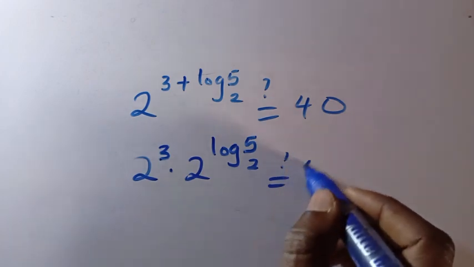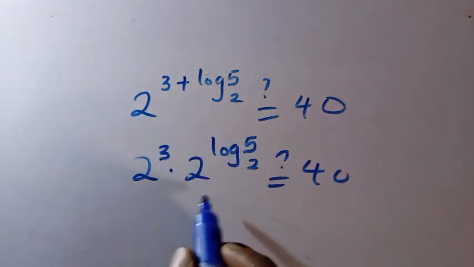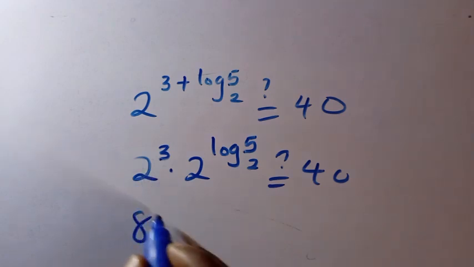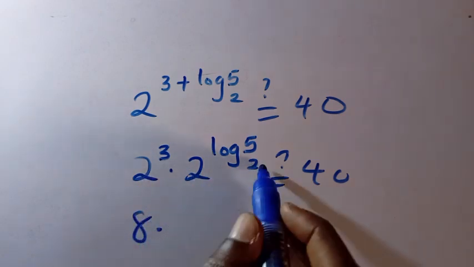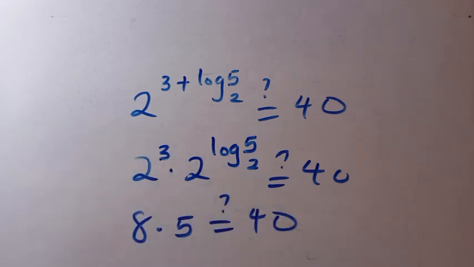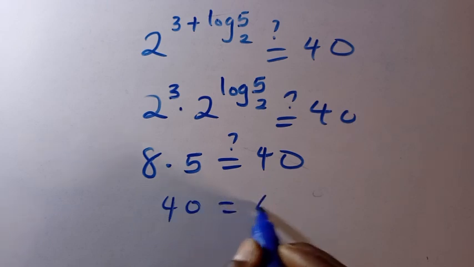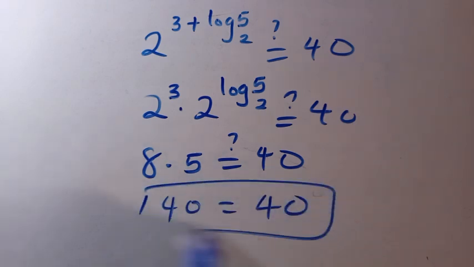So is this equal to 40? Then we have this as 8 multiplied by, so when this base and this base are the same, we take 5. And is this equal to 40? So 8 times 5, that is 40. So 40 equals 40. And here is the result to this problem.